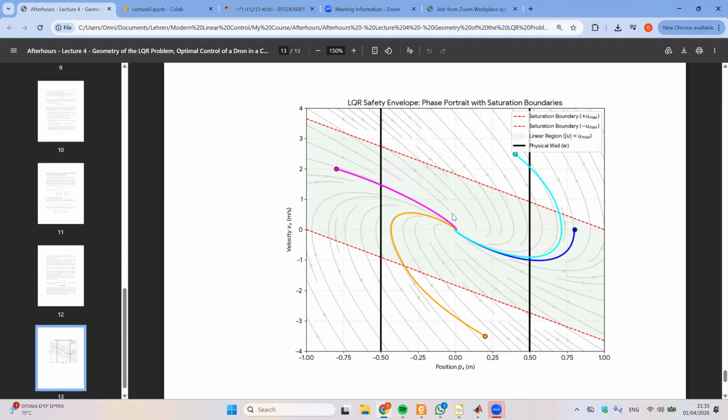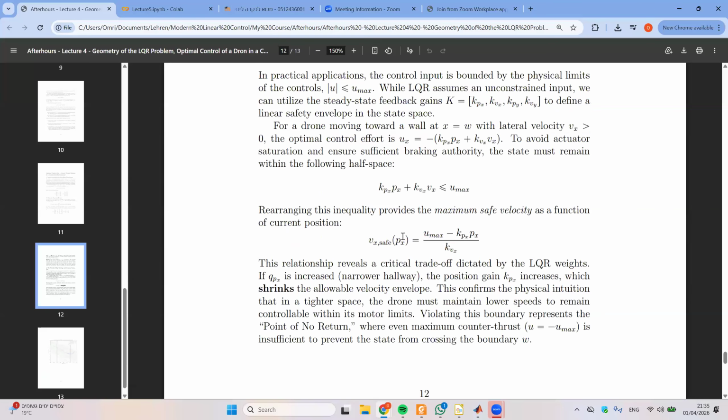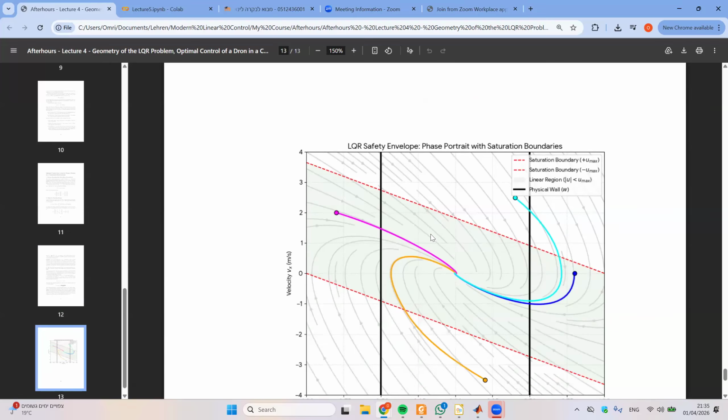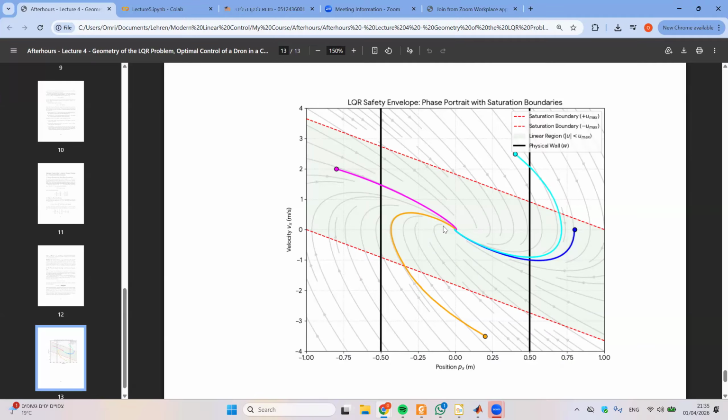So basically, the optimal control, sometimes depending on the position and the velocity, can be larger in absolute value than our possible control inputs. So, for example, the optimal trajectory is what we see here in gray. Now, as we see here, if we are too close to the wall and we are moving too fast, even a very, very strong pull from the optimal controller is not enough to make us not hit the wall.